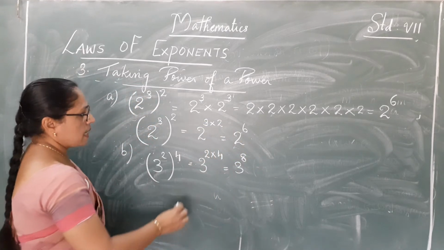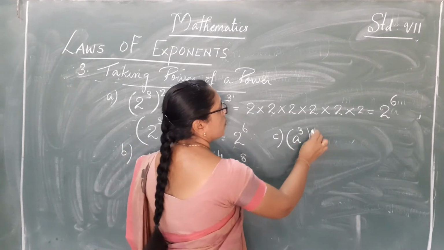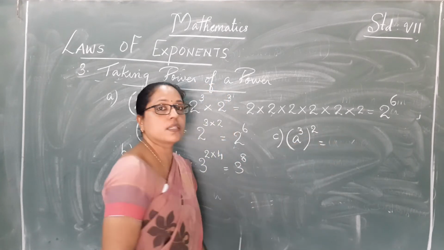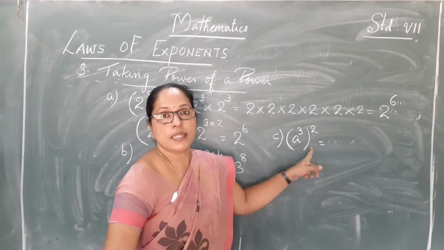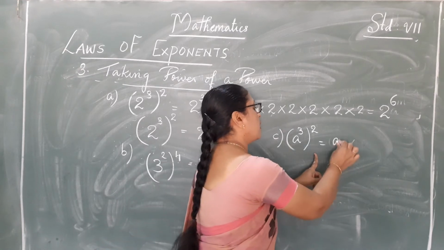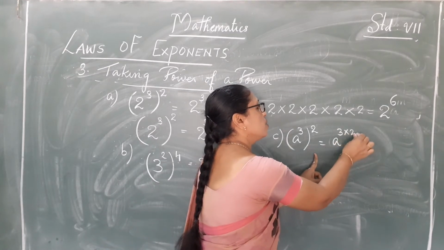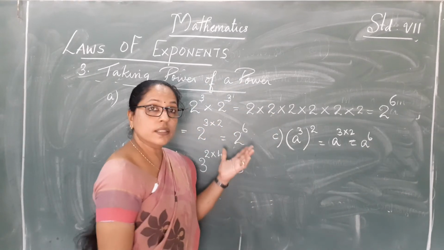Another example, a raised to 3 the whole raised to 2. Come on, you give the answer. Power of a power, what is the answer? Yes, that is a raised to 3 into 2, which is equal to a raised to 6. Now it's clear, the third law.